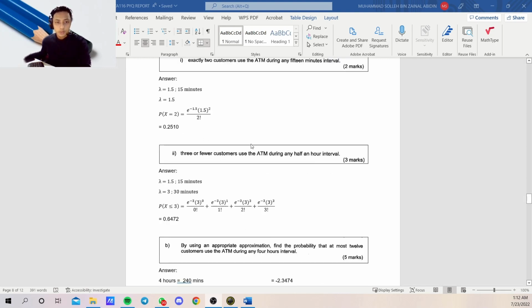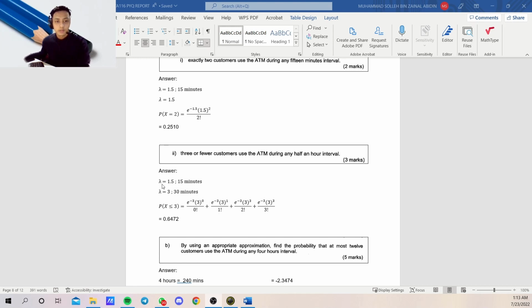For A2, 3 or fewer customers use the ATM during any half an hour interval. So for 15 minutes, there were 1.5 customers walked up to the ATM. So for 30 minutes, you have to multiply it by 2 of the 15 minutes.